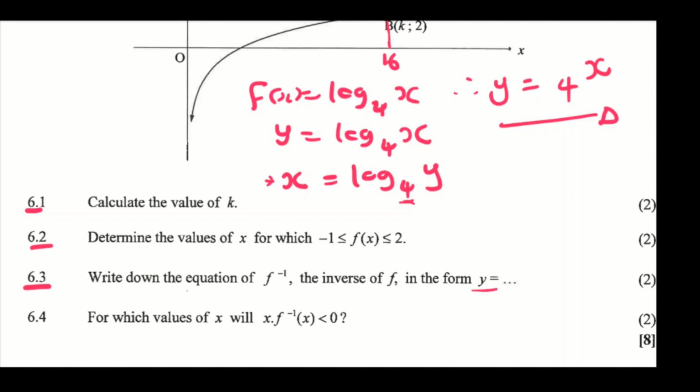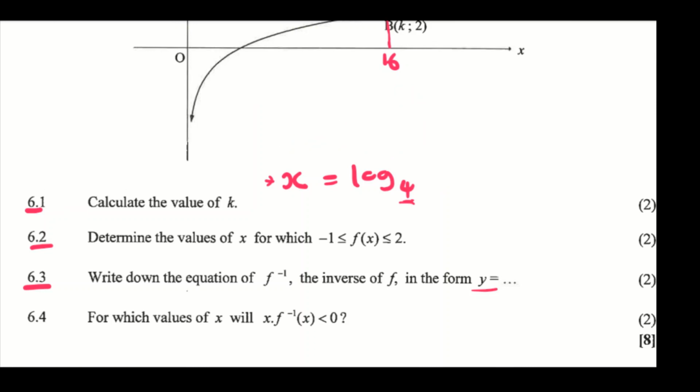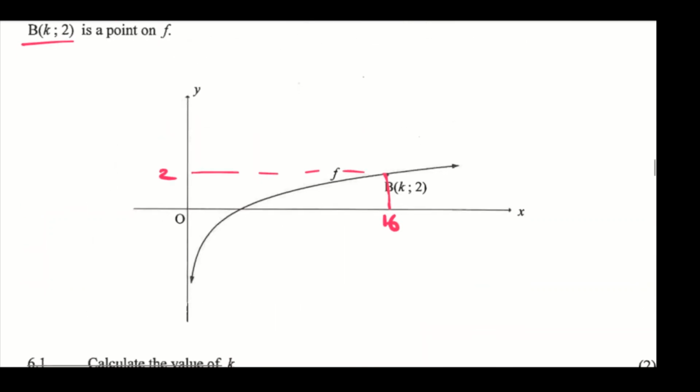So now 6.4 says: for which values of x will x multiplied by the inverse give us a solution of less than 0? So what this means is this. So this is the graph of f(x), right?